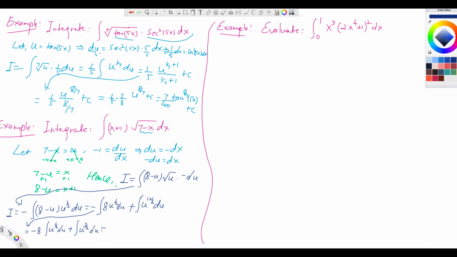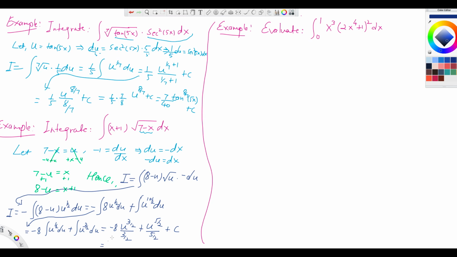I haven't done the integration yet, right? Now I'm going to do that. Negative 8. What is the integral of u to the 1/2? It is u to the 1/2 plus 1, u to the 3/2, right? Over 3/2, plus, what is the integral of u to the 3/2? It will be 3/2 plus 1, right? So u to the 5/2 over 5/2 plus c. So what is the final answer? The final answer is written by replacing back the value of u, okay?